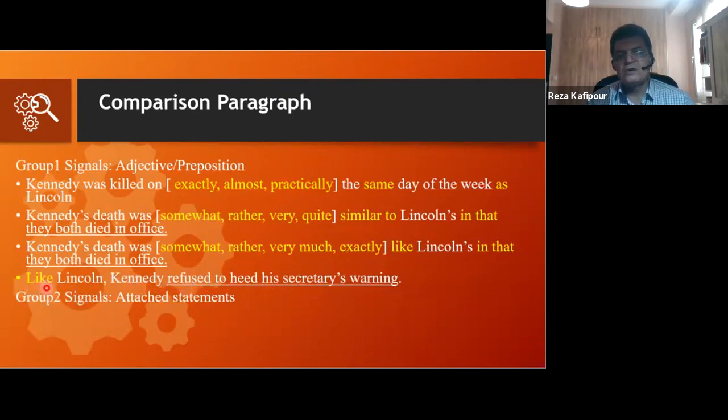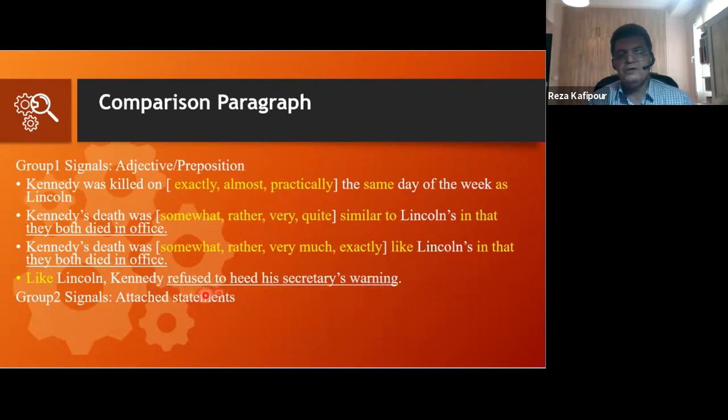So we use like plus one of the subjects or one of the two things, persons, ideas or concepts that we are comparing. And the second part, actually it is not a sentence, it is a kind of phrase, like Lincoln. But the second part will be an independent clause: Kennedy refused to heed his secretary's warning.